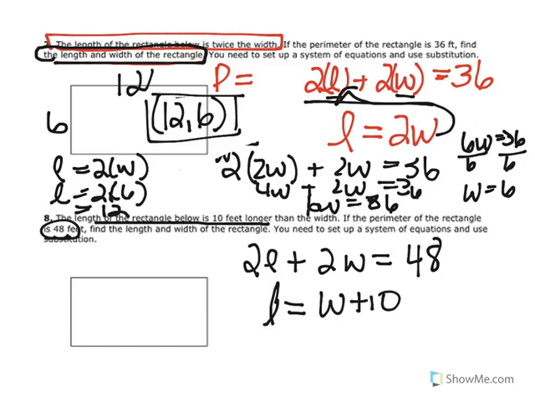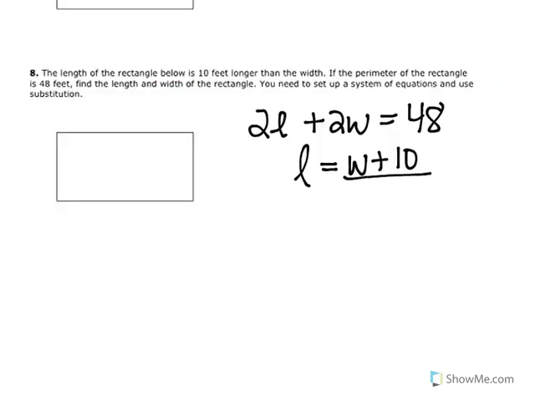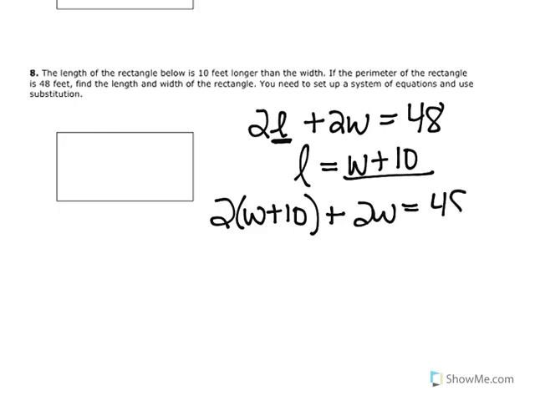Okay, so now we can use that information to solve the equations. So I'm going to take this W plus 10 and substitute it for L in this equation. So 2 times W plus 10 plus 2W equals 48. 2W plus 20 plus 2W equals 48.